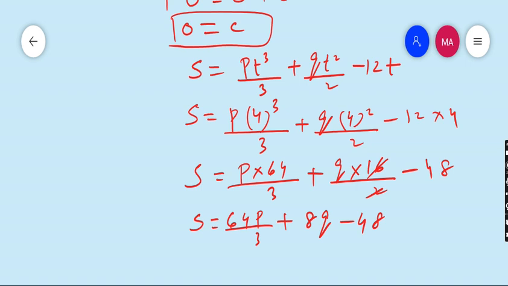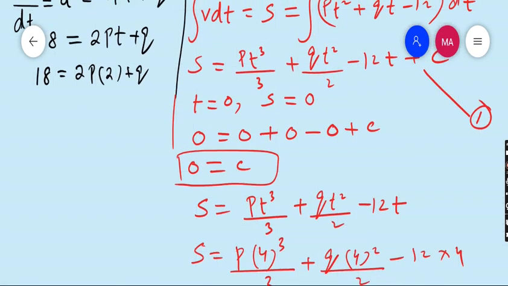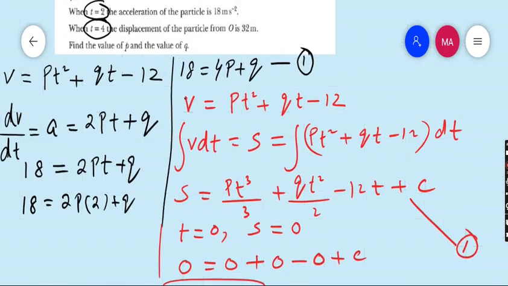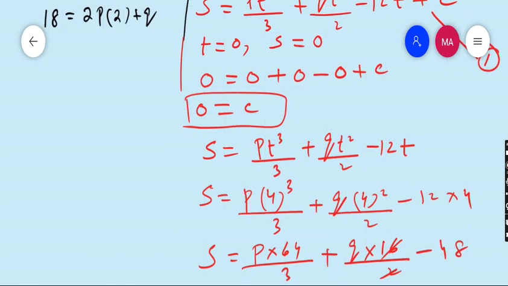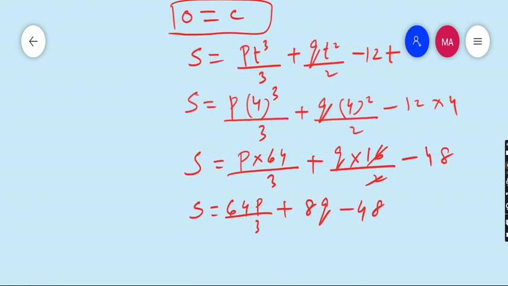And now, what is the value of displacement? See this. When t is equal to 4, the displacement is 32. Now replace s by 32, which is given in the question.